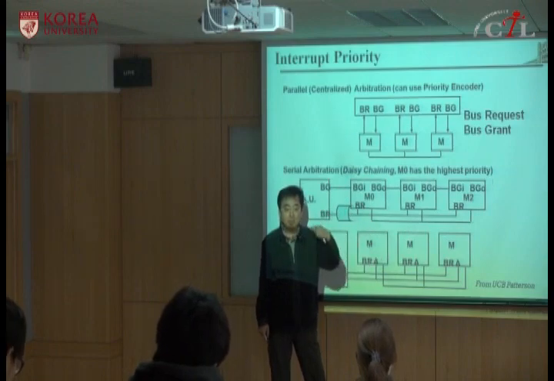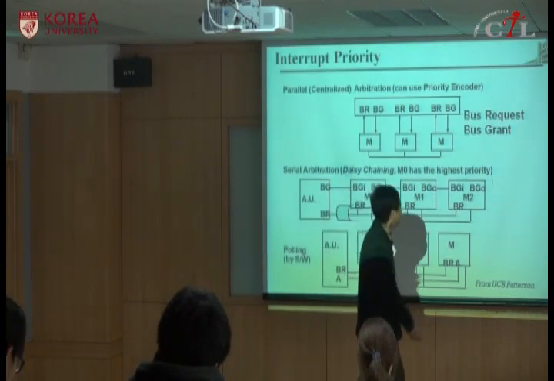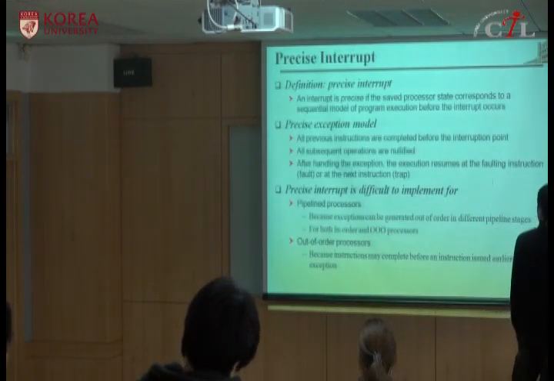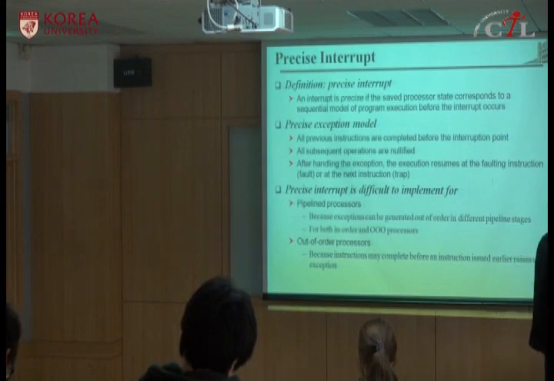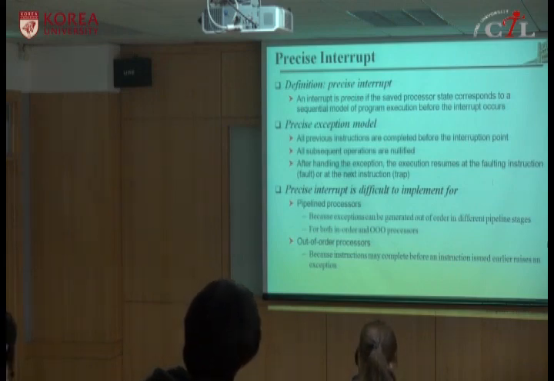And based on this order, this is called polling, software polling. Okay, so we use this one for interrupt grant logic. Okay, and then we move to the processor internal logic to implement this precise interrupt. Let's have a break before we discuss this detail.